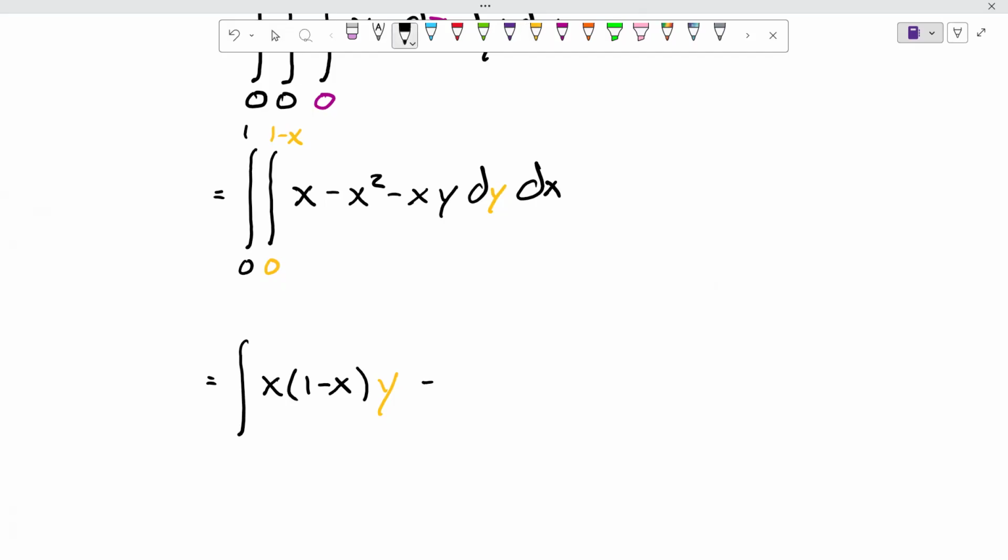Minus xy, its integral is going to be 1/2 x y squared. Still throwing a dx kind of floating out over there. And evaluate that y integral. If I just plug in 1 minus x for y, I'll get that. Plugging in 0 for y, I'm just going to get 0, so I only need to worry about the upper bound for now.